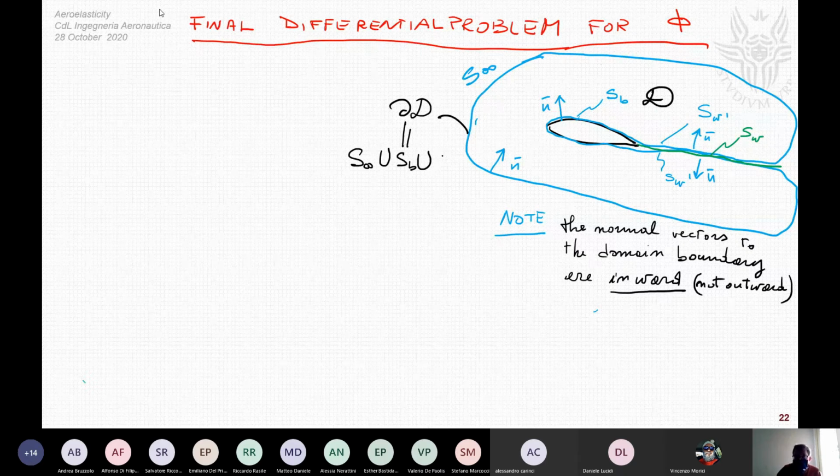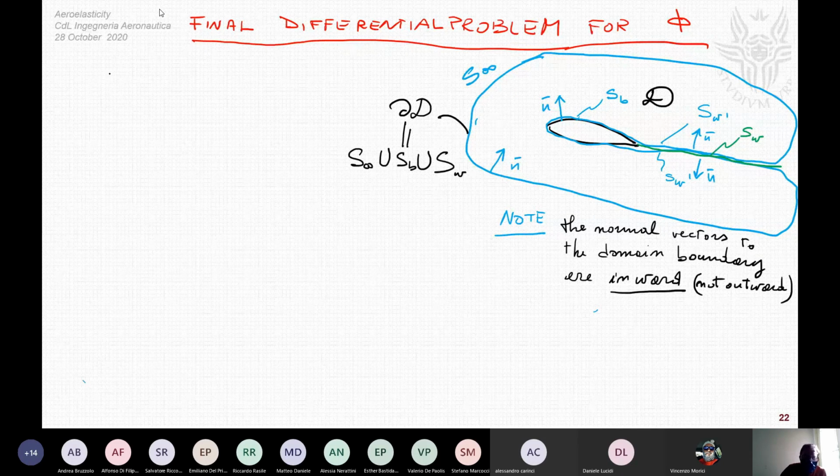And this S wake is just a sophisticated concept, the limit of S wake 1 going from close to an open surface, at the limit. And here you have S wake.